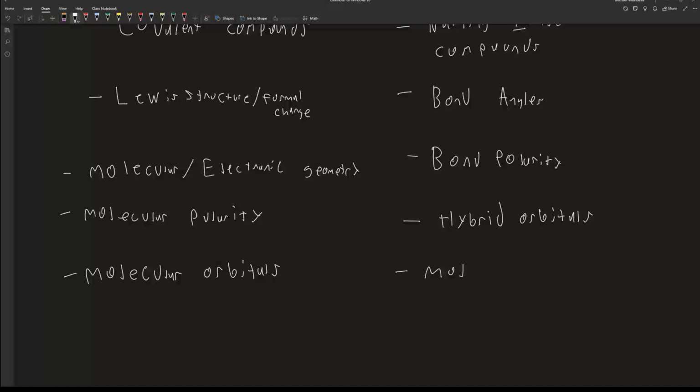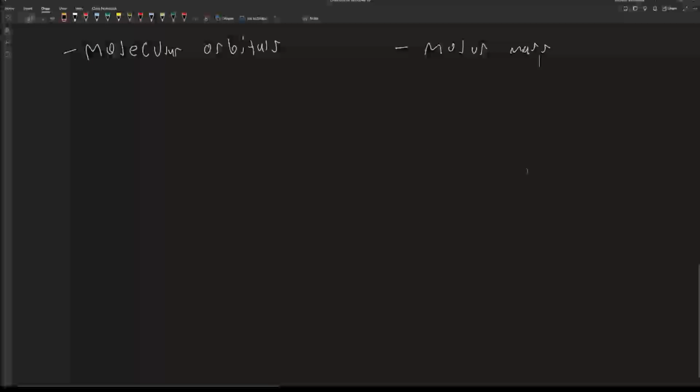Molar mass. Empirical formula. Molecular formula.